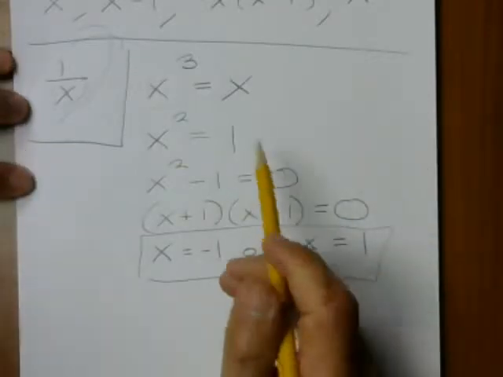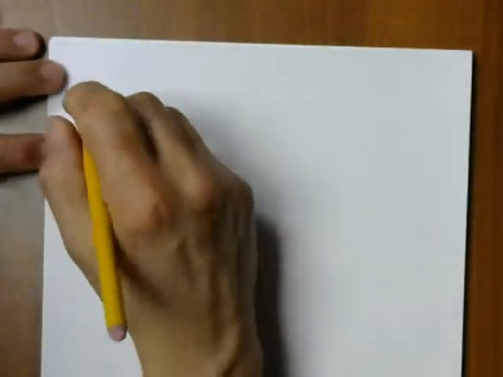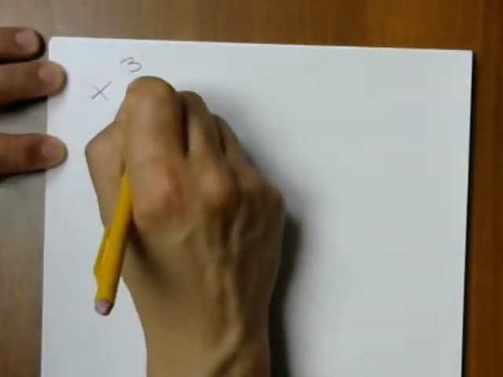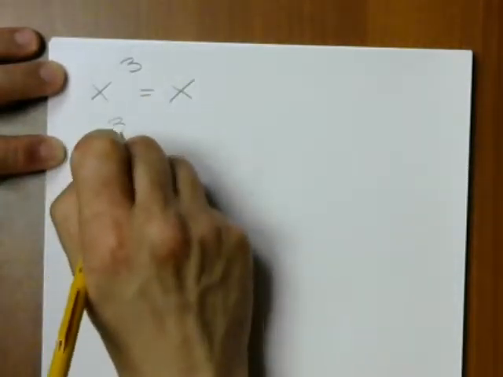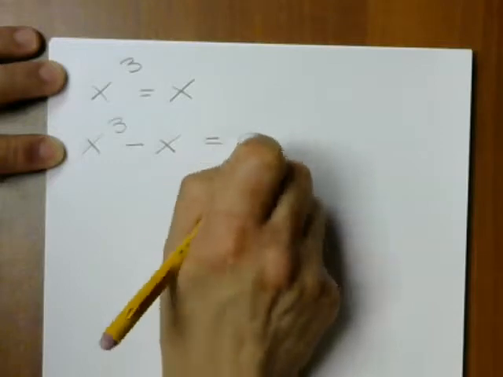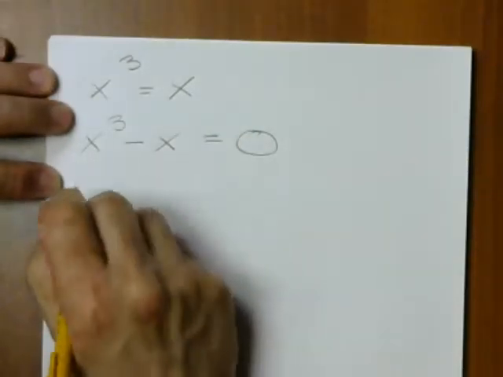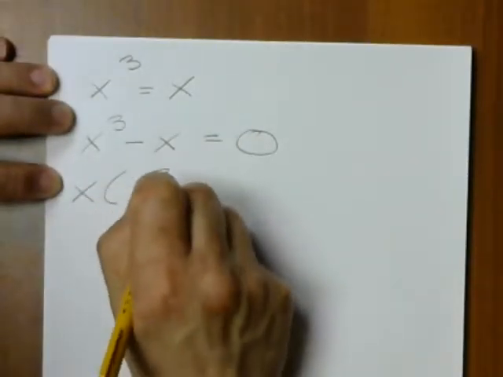And that might be even more dangerous than getting an answer that obviously doesn't fit. What do I mean by lose an answer? Let's do this same problem one more time, but let's use a different method. So this is our problem. We want to find all solutions. Let's just factor. There's something in common here.